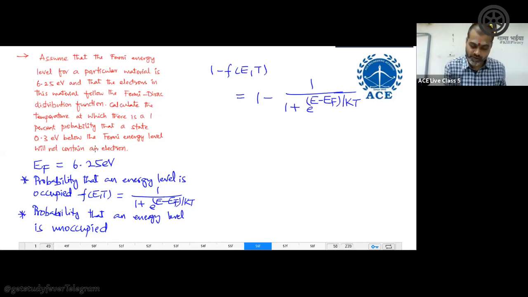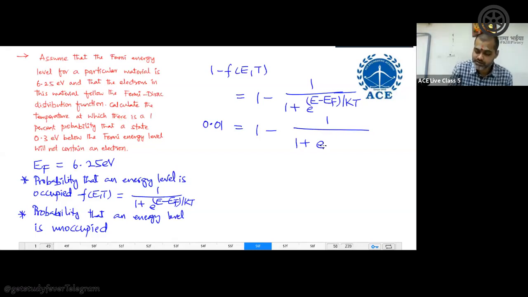So I can say 1 minus f of E comma T is 0.01, equal to 1 minus 1 divided by 1 plus e power (E minus EF) divided by kT. The energy level is below the Fermi energy level by 0.3 electron volts, which means E minus EF is minus 0.3, so it is minus 0.3 divided by kT.